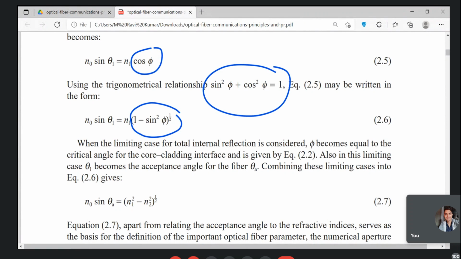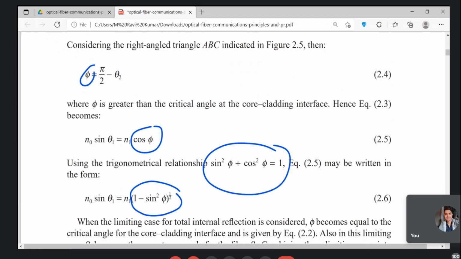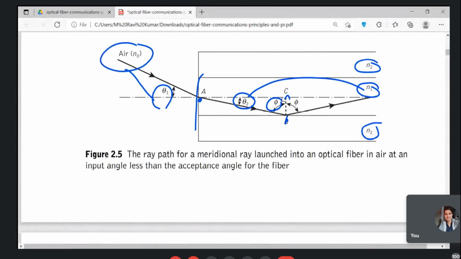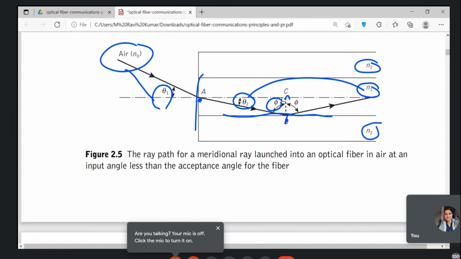And if we consider the limiting case for total internal reflection, then phi becomes equal to the critical angle for the core cladding interface. The core cladding interface corresponds to this line.